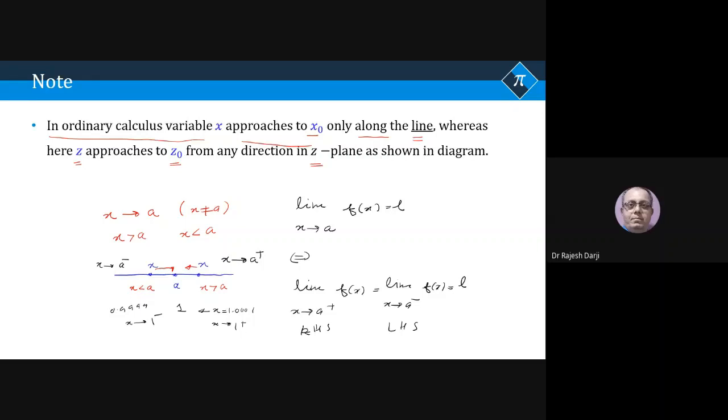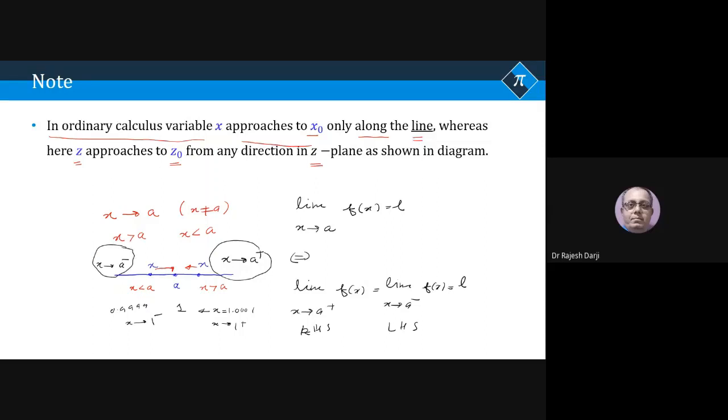So in the real number system, when you say that the limit exists as x tends to a, then there are only two possibilities, either x tends to a plus or x tends to a minus.